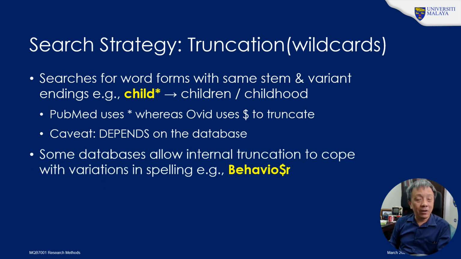Some databases allow truncation to cope with variation in spelling, like behavior and behaviour. Why do we put the dollar sign there? Because behavior is spelled differently in American English and British English. It's B-E-H-A-V-I-O-U-R in British and B-E-H-A-V-I-O-R in America. So British, they use the letter u.